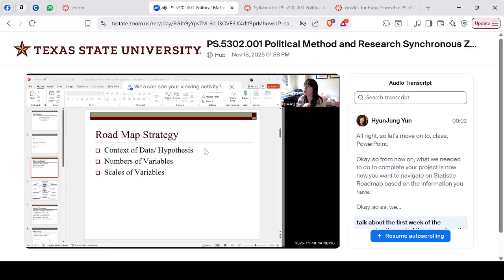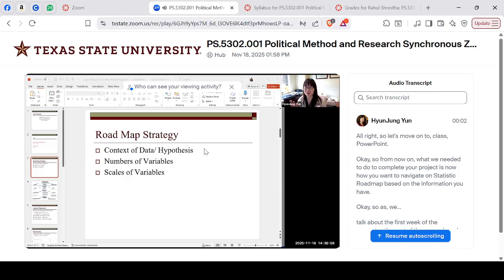First of all, you know what you want to do as part of your hypothesis. The second thing you need to know is how many variables you use for your hypothesis test. And the third component you need to decide, in order to decide which statistical method to use, is whether you're going to use a nominal scale, an interval scale, or an ordinal scale that you want to convert and treat as an interval or nominal scale.